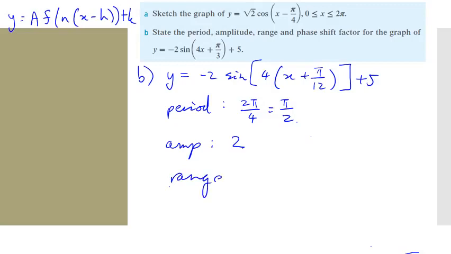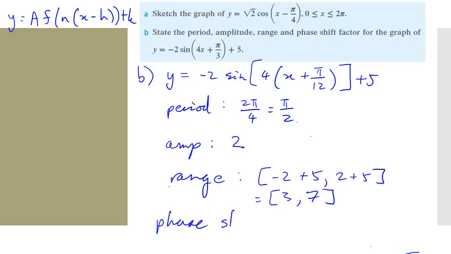Range. Remember it's with the shift, so we have negative 2 plus 5, 2 plus 5, giving us a 3 and a 7. And then phase shift.